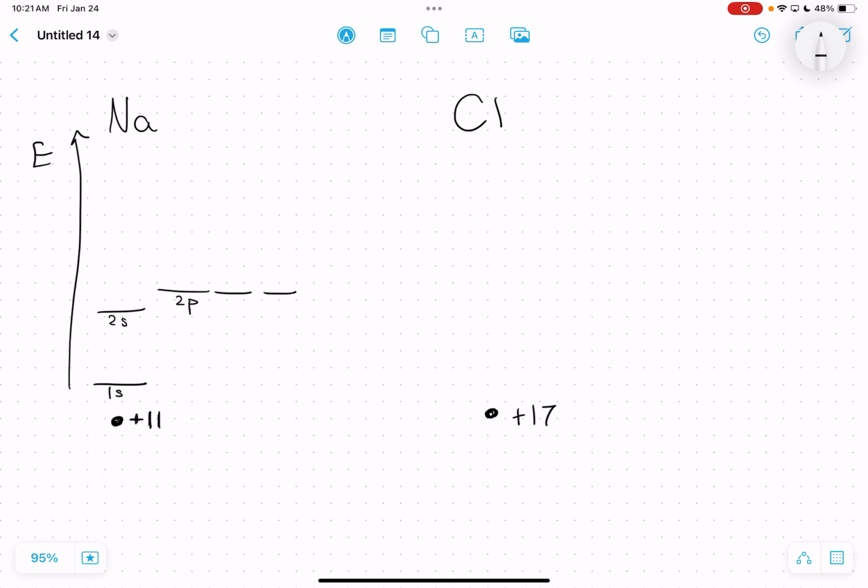So 1s is like this, 2s is like this. It gets bigger, okay? The s's are spheres, and the p's are little dumbbell shaped, okay? They have 2 lobes, we call them. That's probably the extent you need to understand the quantum mechanics-ness of it.